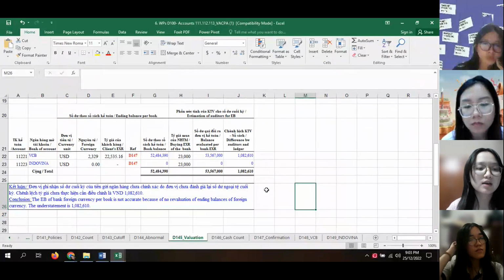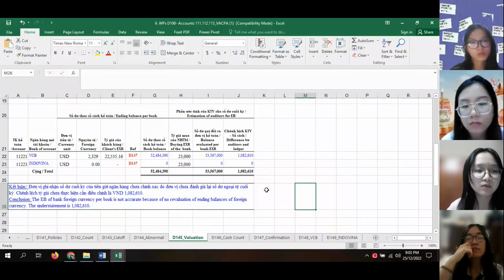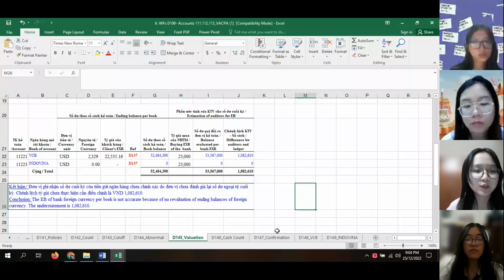About the account, we have 11221 for the bank account VCB and the currency unit is USD.